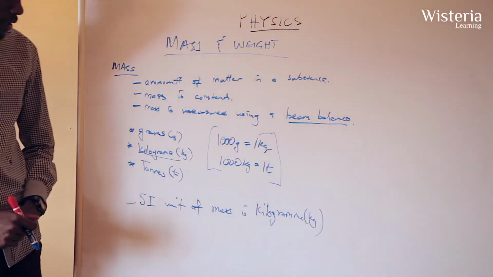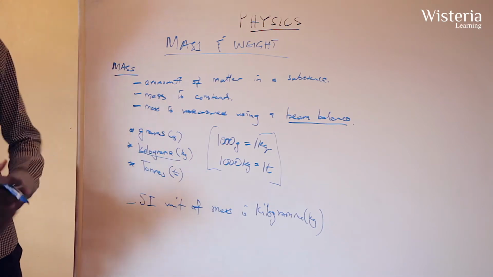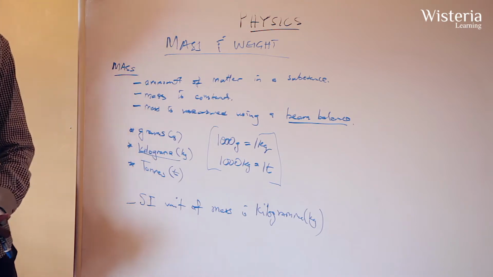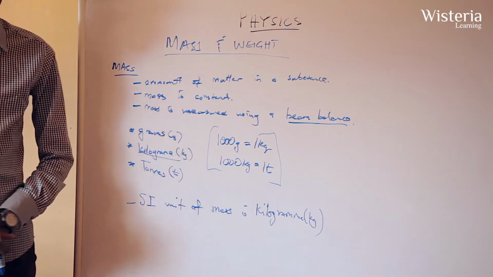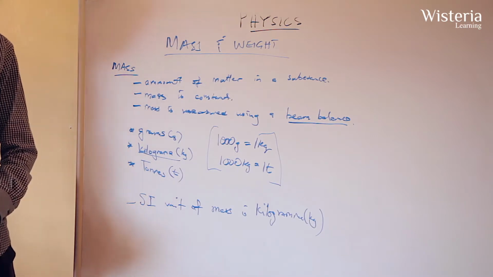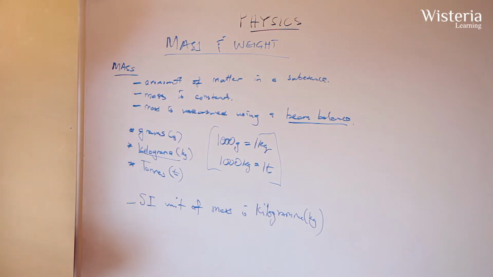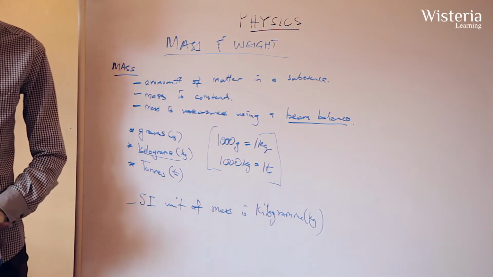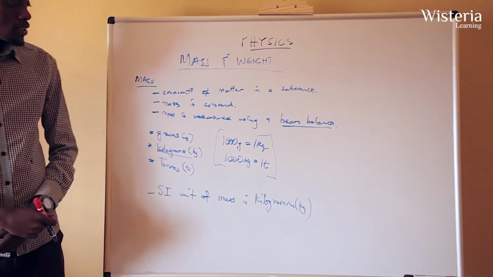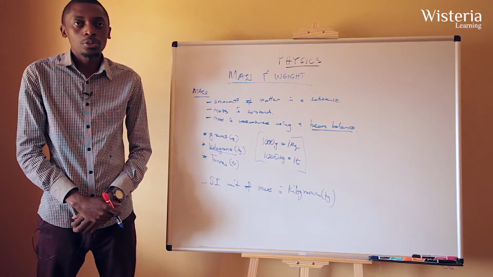There we go. The SI unit of mass is kilogram. So these are the four main important points that we have discussed about mass, and now we are going to go a step further to determine, or rather calculate, mass using different methods, either calculating the mass of a liquid or simply the mass of a solid. So this is what we are going to do next.